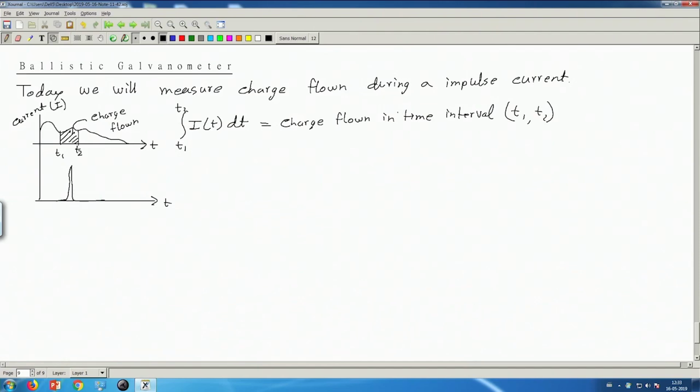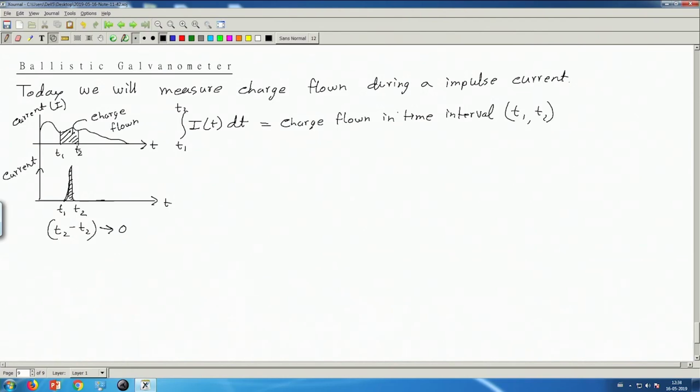So, it is 0 here, it is 0 here, but it is non-zero only for this small time interval. And this time interval, the gap between t1 and t2, is almost 0. So, this tends to 0. This is what happens for an impulse current.